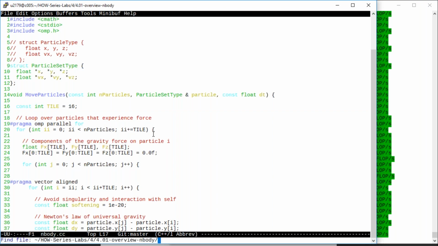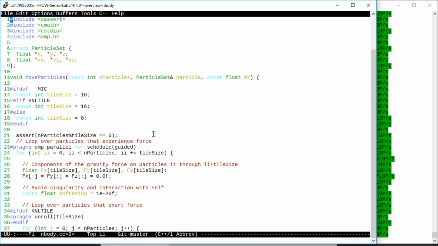And I've done this tuning, and if you look inside the solutions for instruction 4, you will find code that is fully optimized. And as you can see, for Xeon Phi, I choose the tile size 16. For the CPU, I choose a tile size of 8, which works better.